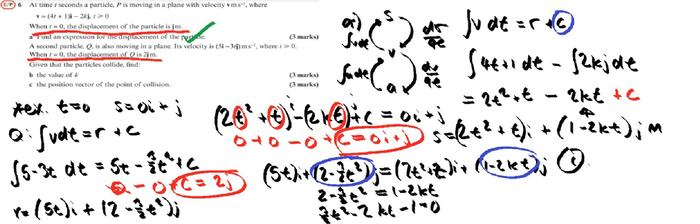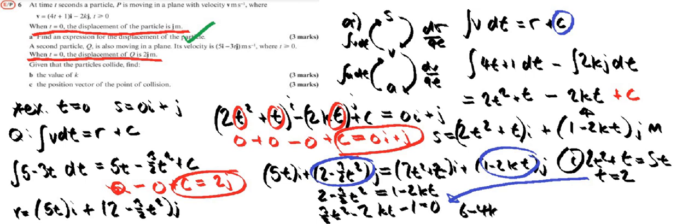I know that my 2t squared plus t is equal to 5t for i. So that tells me that t is equal to 2. So I'll feed that back into my j component. And that now means that I've got 6 minus 4k minus 1 equals 0. So k equals 5 over 4.